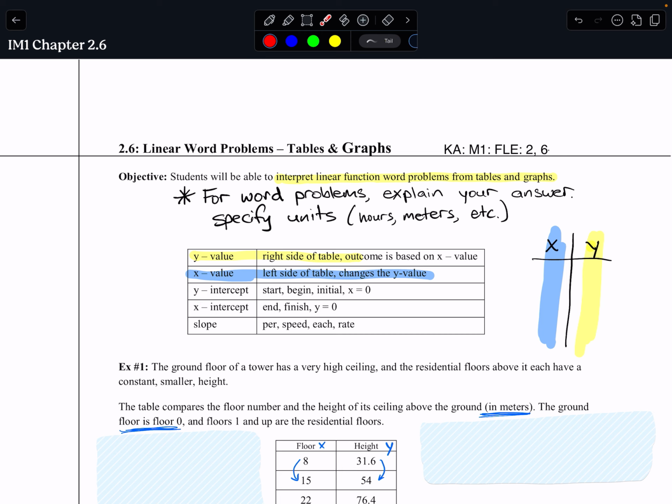Our y-intercept, we know that's when x is 0, or our x-intercept, that's when y is 0, but we can interpret this in word problems as the y-intercept being like the start or the beginning.